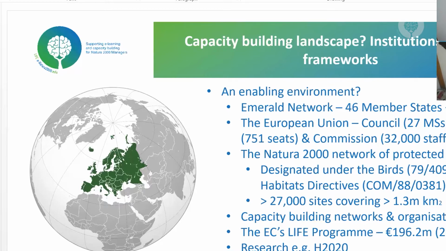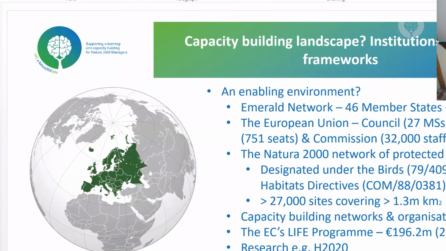And working within that environment, there are a tremendous range of organizations that work at different levels, some nationally, some regionally, some across the whole of Europe, as EUROPARC does, that focus on capacity building and networking.